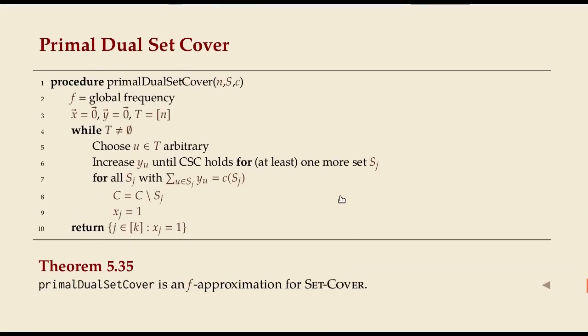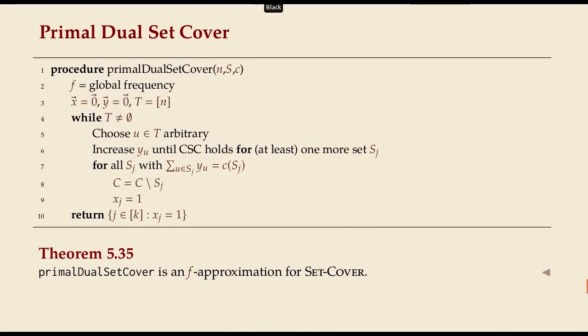So if you write this down as an algorithm in a very abstract setting, in a very abstract language, admittedly, it looks like this. The primal-dual set cover gets a set cover instance. It computes the global frequency. It starts with two solutions that are just all 0, where this is for the primal problem.